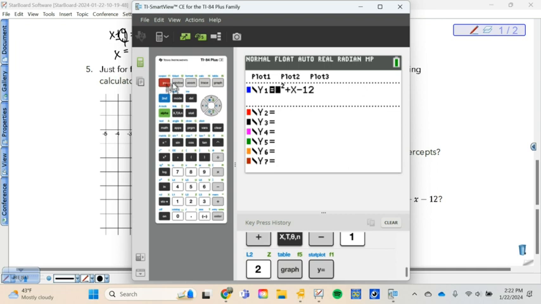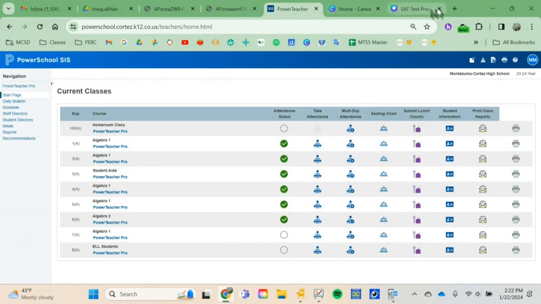Settings. I don't know, I've never seen that before, Gracie, sorry. If you want me to try and fix yours, I can, but anyway, let's look at the Desmos version too.